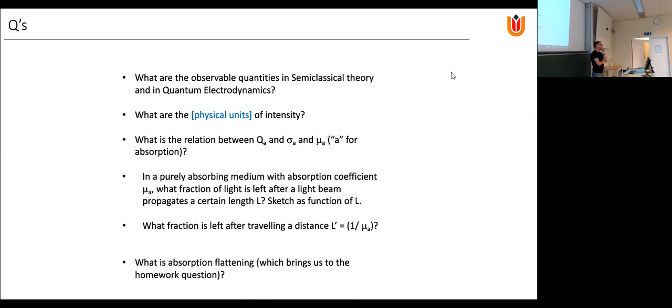No, not quite. The efficiency is really just a dimensionless number, a percentage, let's say. It is the ratio of the amount of power that is absorbed over the amount of power that is incident. So it's a purely dimensionless quantity. And then the absorption cross section really has units of square meters.